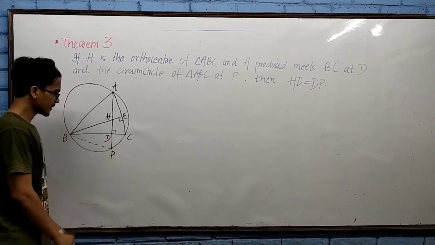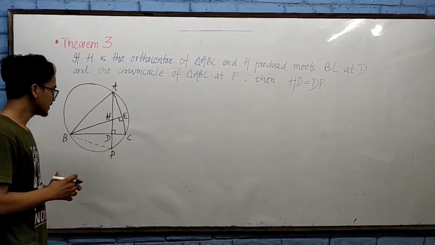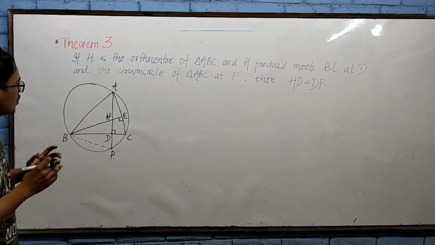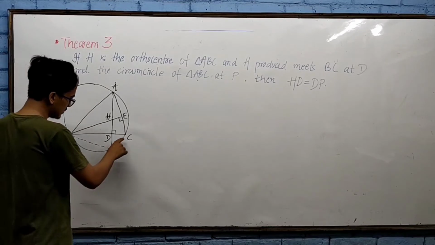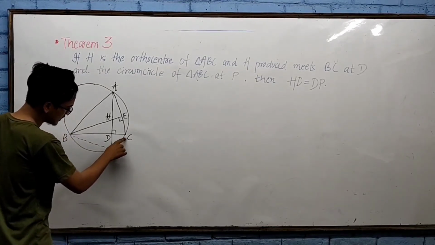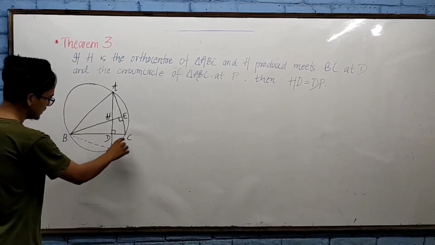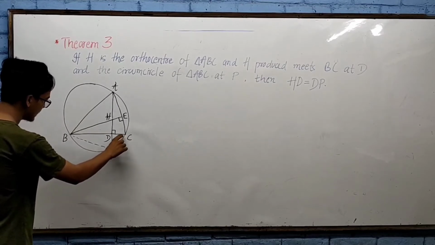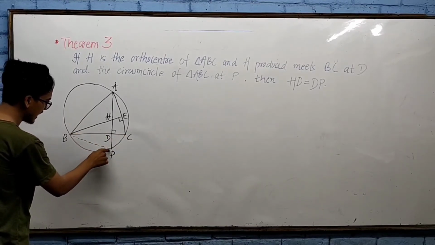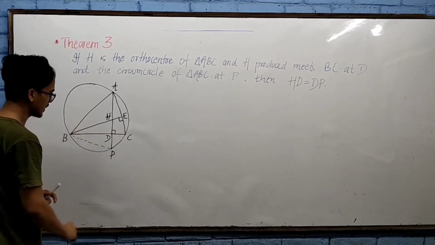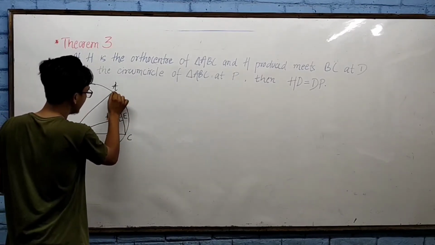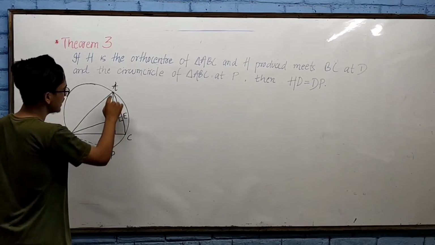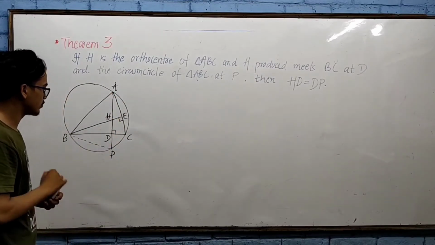Now we know that the same arc subtends equal angles at all the points of the circle. So what we have, this arc CP, and the angle subtended by this arc at point B, that is angle PBC, and the angle subtended by this arc CP at point A, that is angle PAC, are equal.